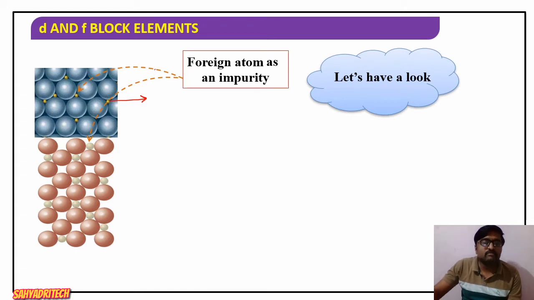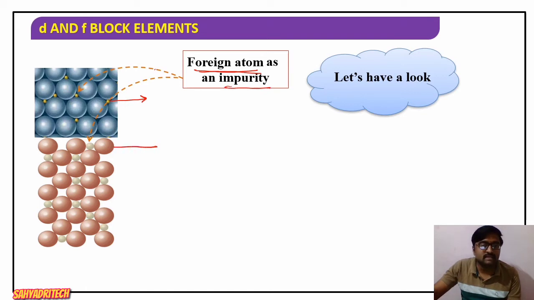Those small particles are named foreign atoms. Without those foreign atoms, the substance is treated as pure. But in the empty space between the atoms, if some foreign atoms are present, they are considered an impurity.